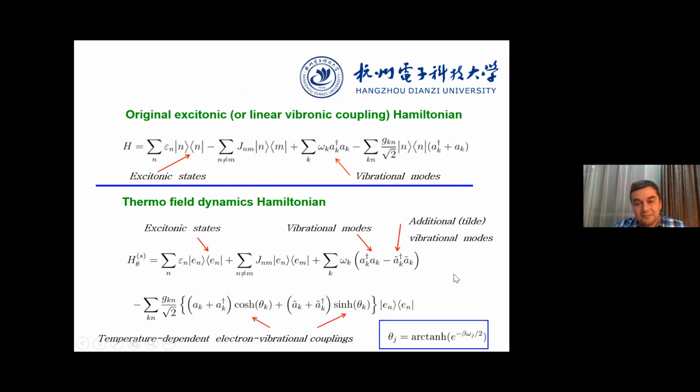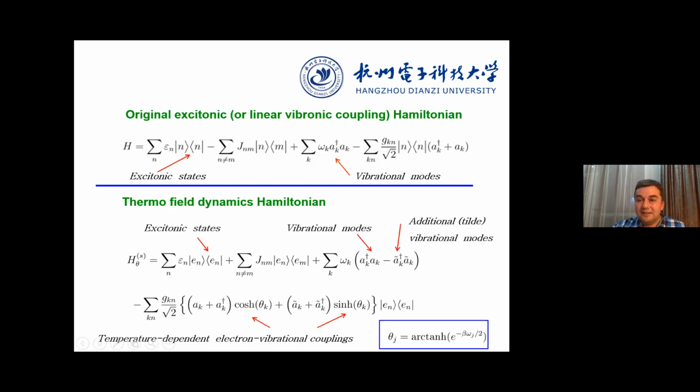And as for electron or exciton vibrational coupling, you see that it is modified. If the original coupling was g_kn, you see that the original physical modes are coupled to the electronic states by this g_kn times a temperature dependent factor, this hyperbolic cosine.